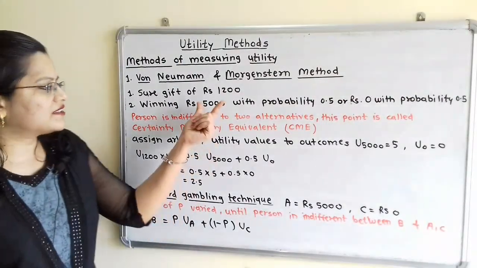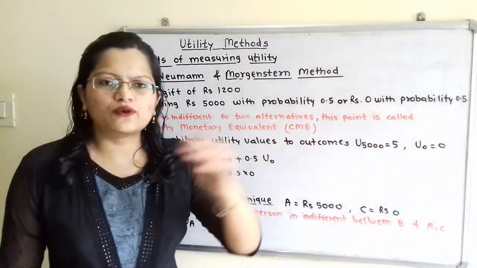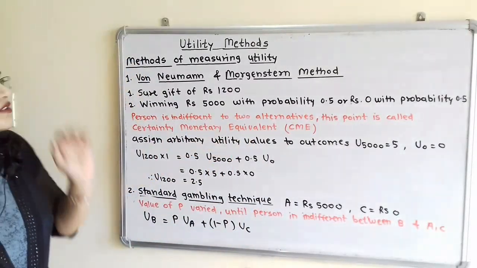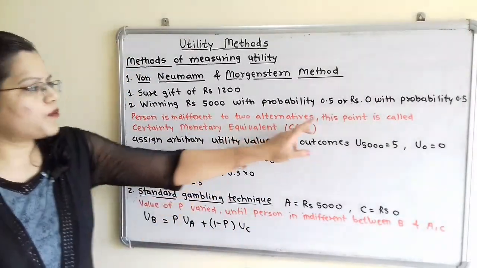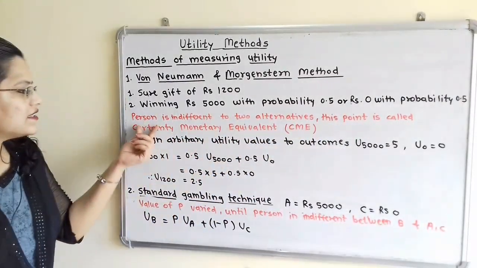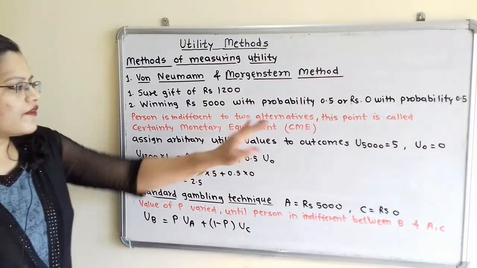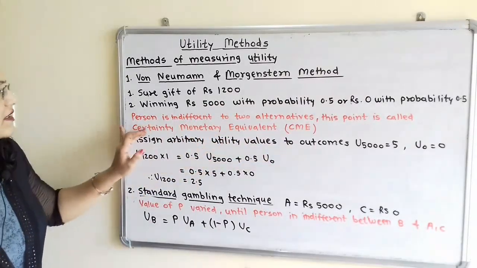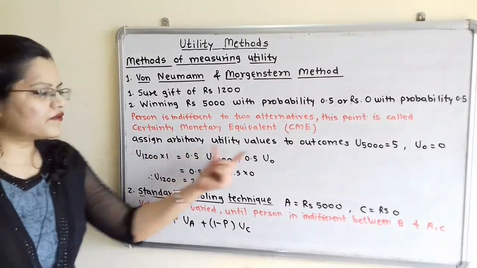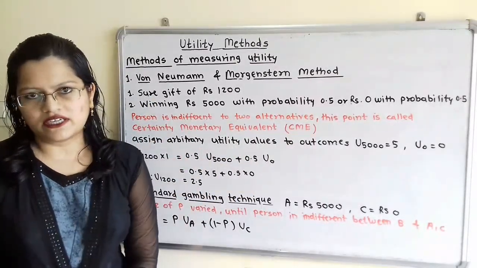That means the chances of winning and chances of losing are half-half. So the person is indifferent to these two alternatives. Then this point is called certainty monetary equivalent, that is CME. So when this point is there, then we can write one equation regarding utility.